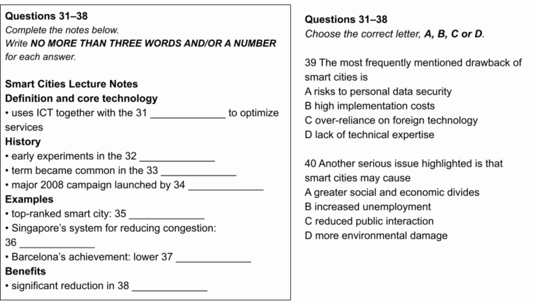A particularly influential moment came in 2008 when the multinational corporation IBM launched its Smarter Cities campaign, encouraging cities worldwide to adopt data analytics and interconnected systems for better governance and resource allocation.